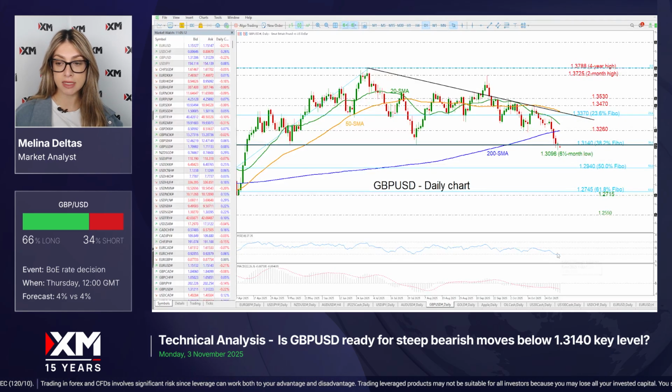The RSI is ticking lower below the 30 area. The MACD is extending its negative momentum below its trigger and zero line. So I think that today's session will be very important, if the market continues this downside structure and breaks the 1.3140 barrier to the downside.